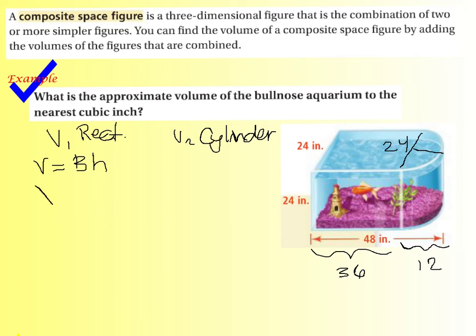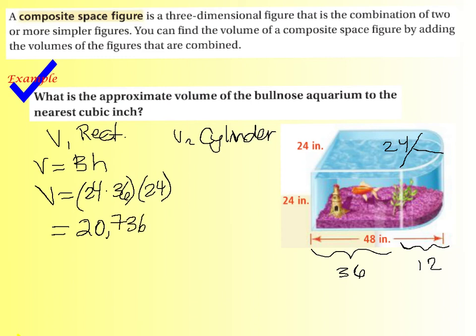So substituting in my values here, the area of the base can be found by saying 24 times 36, and then the height of the prism is going to be 24. And when I multiply those all together, 24 times 36 times 24, my volume of this rectangular prism is 20,736. I'm going to add to this the volume of my cylinder.